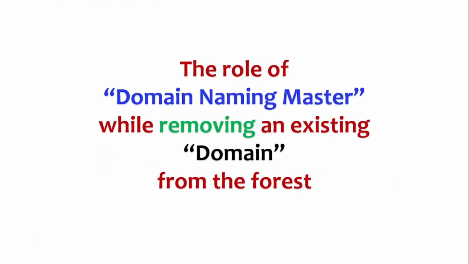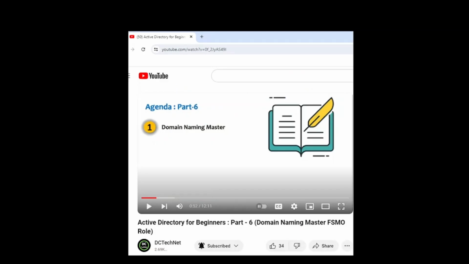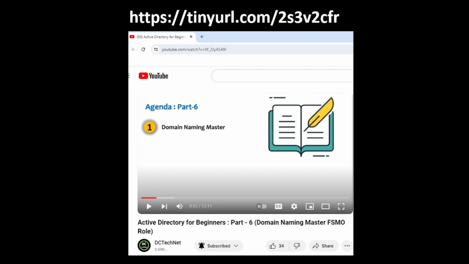So if you want to know more about the role of domain naming master while removing or decommissioning an existing domain from the forest, I would highly recommend you to watch this video on domain naming master, where we have explained addition and removal in detail in graphical manner, and the functions of domain naming master.